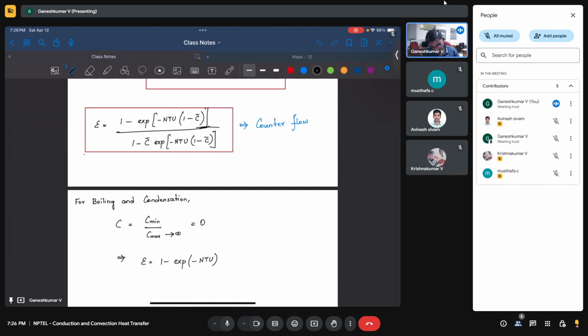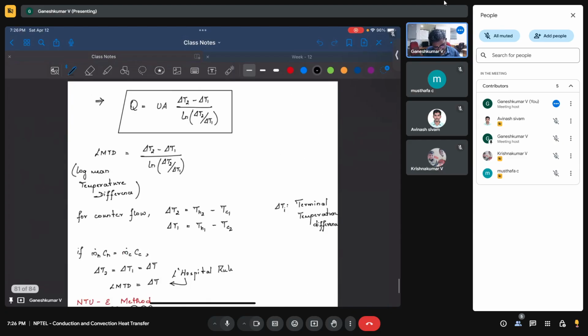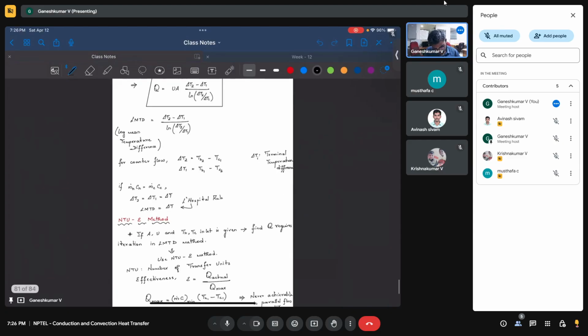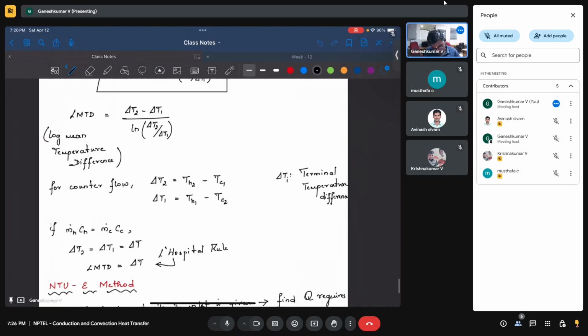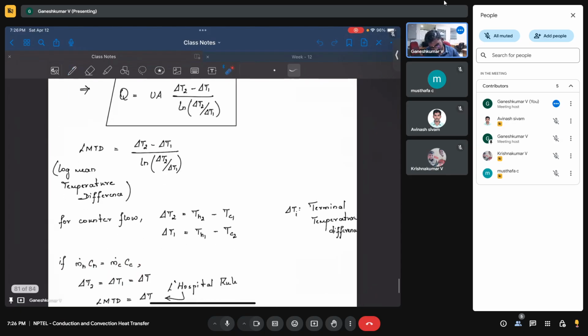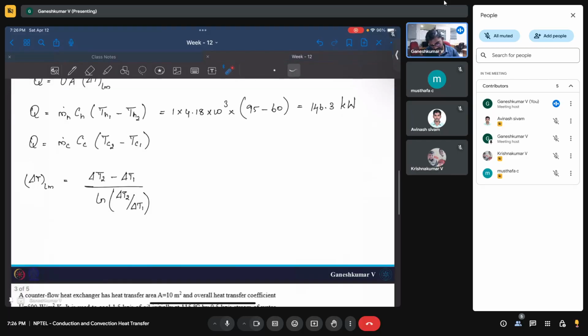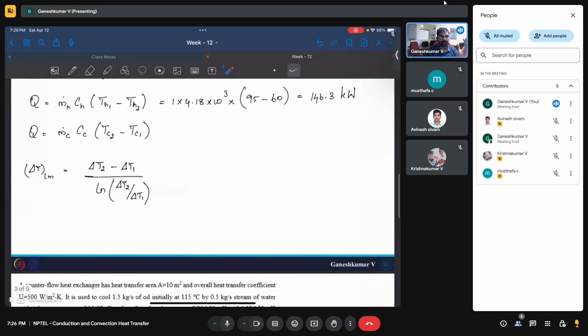Now it's a counterflow arrangement. If you go back to this, yeah, this is your LMTD. What T2 and T1 refer to is the temperature difference at the two terminals, you can say.